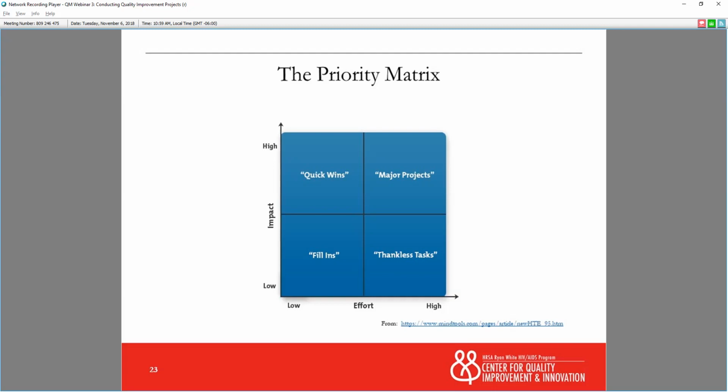So it may have a pretty high impact because 32 out of about 100 people is pretty good, right? But it may have a very high effort. So it may be considered a major project. And is that what you want to do for a major project?